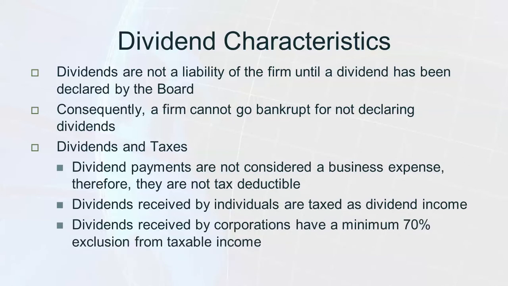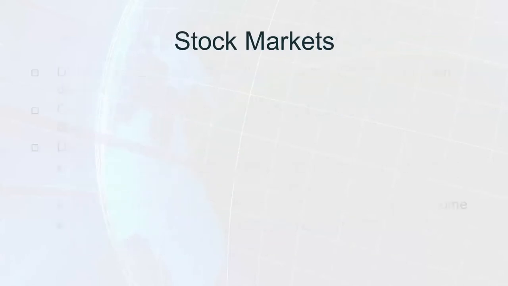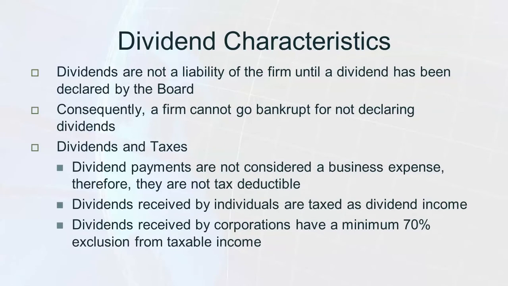Dividends received by a corporation have a minimum 70% exclusion from taxable income computation. So basically, if a corporation buys common stock in some other companies, and they receive $1 dividend payments, then 70% of that dividend is going to be excluded from income calculation.